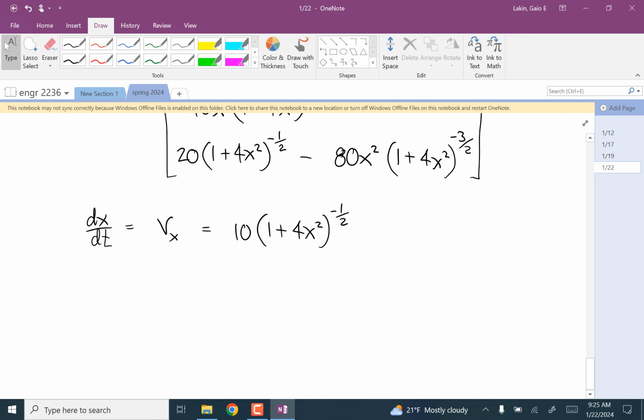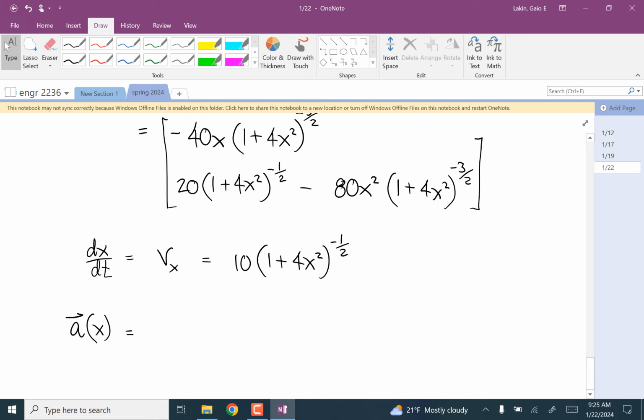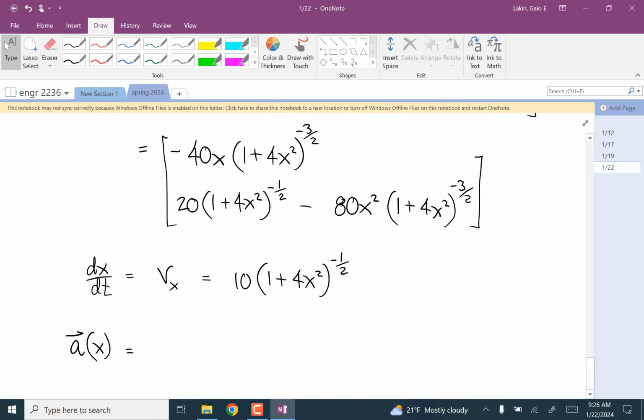And now just multiply them together, and the acceleration vector as a function of x is equal to, I'm not multiplying this out, but negative 40x times the quantity 1 plus 4x squared to the negative 3/2.